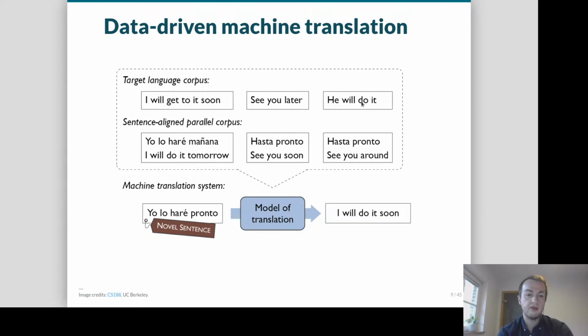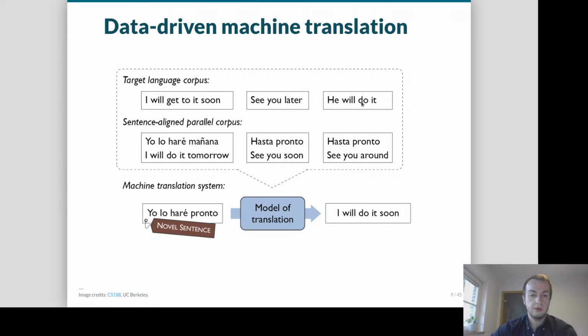And also we would have pairs of sentences from the source and the target languages, right? And these pairs would be aligned, meaning that we would know that the elements of these pairs correspond exactly to the same meaning.